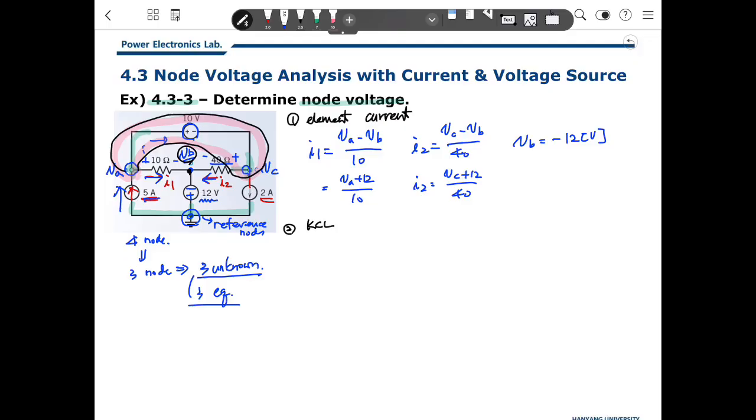At first, this current is plus 5. And how about this? This current is going out from the node, so minus I1. And how about this I2? It's going out from the node, so minus I2. And how about this? It's going out, so minus 2 amperes. The sum would be 0.